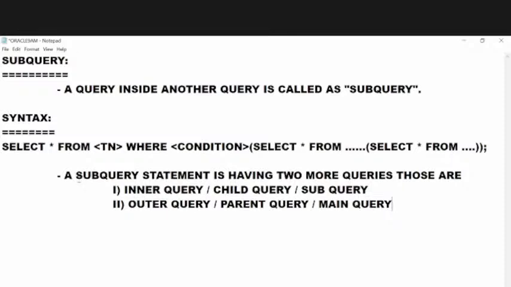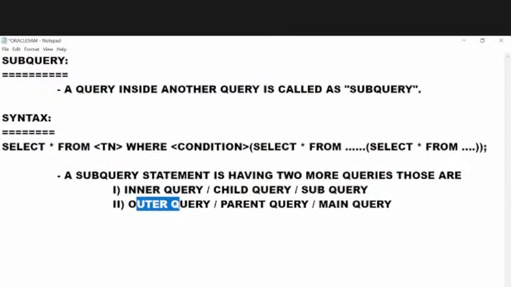Now, the two queries are there in my subquery statement, inner and outer. So the question was, in these two queries, which query executes first, inner or outer? Inner. So this kind of confusion was there.